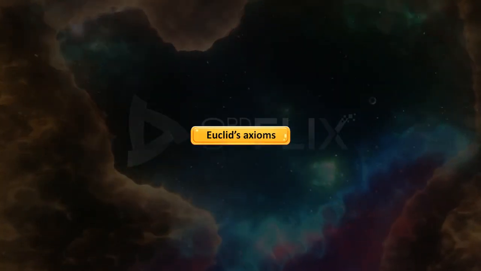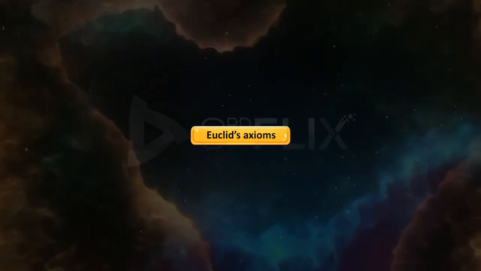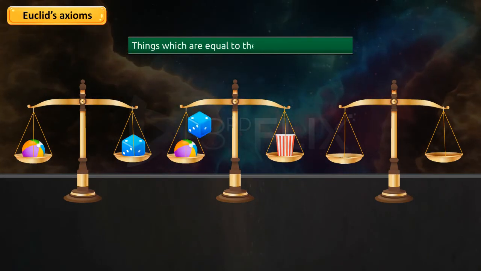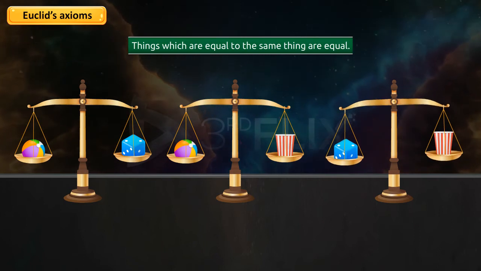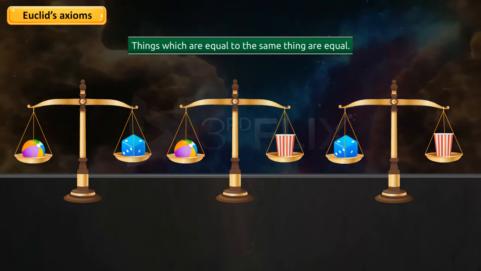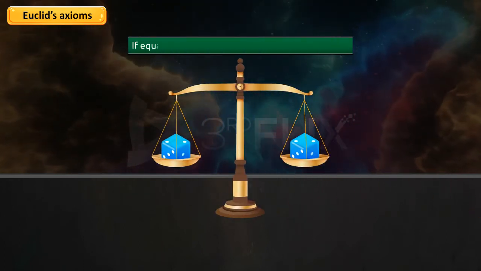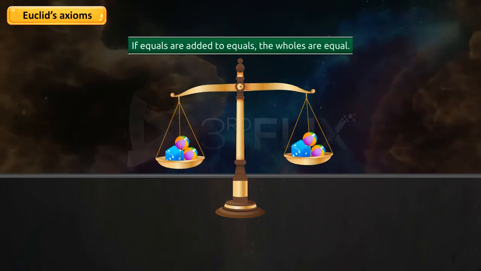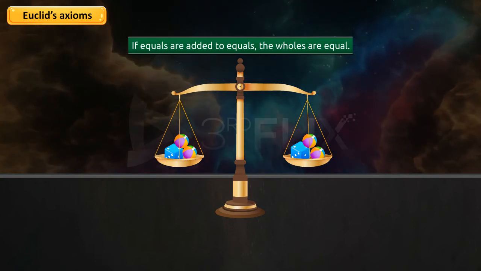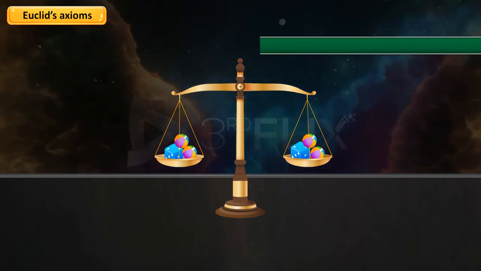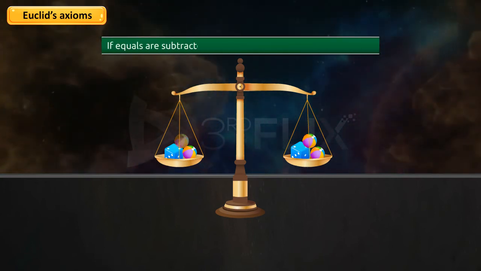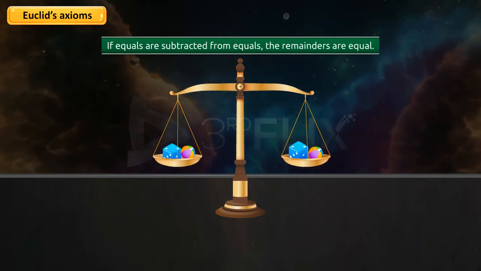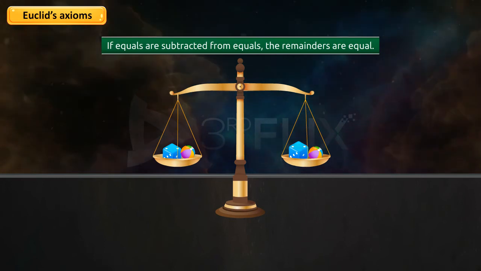Euclid's axioms. 1. Things which are equal to the same thing are equal. 2. If equals are added to equals, the wholes are equal. 3. If equals are subtracted from equals, the remainders are equal. 4.